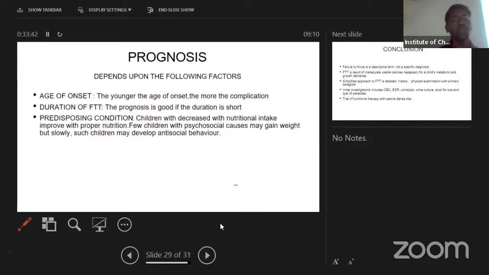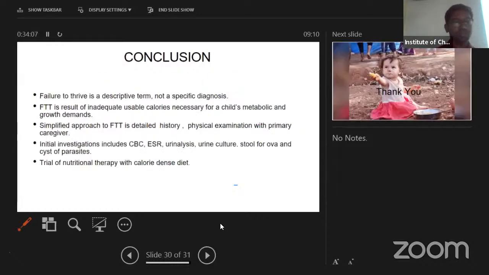The younger the age of onset, the more complications there are. Duration of failure to thrive, if the duration is short, the prognosis is good. The predisposing condition, the child improves with nutritional intake increased to proper nutrition. A few children of the psychosocial cohort may gain weight slowly, but in later life they develop antisocial behavior.